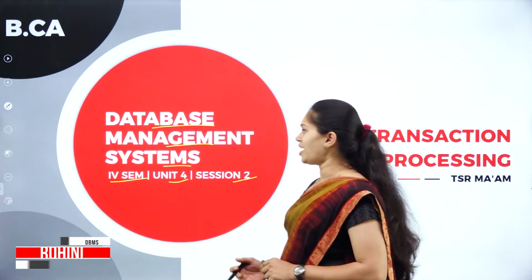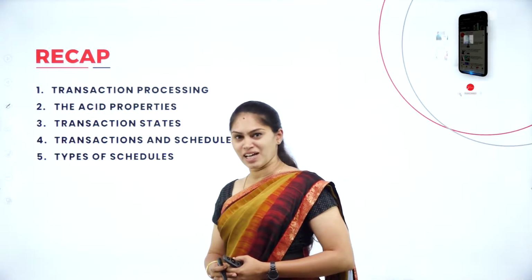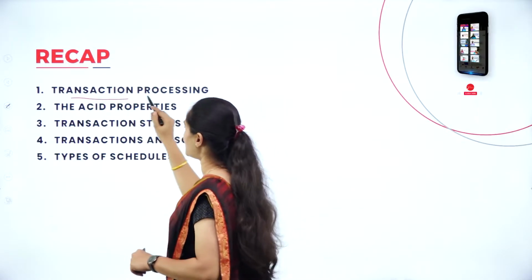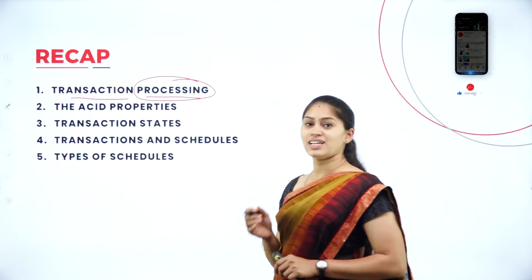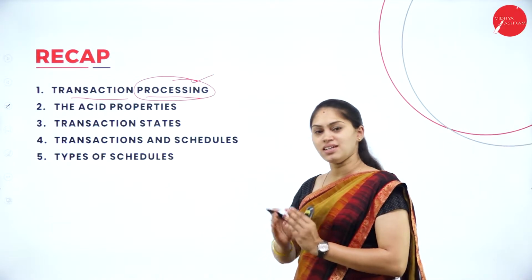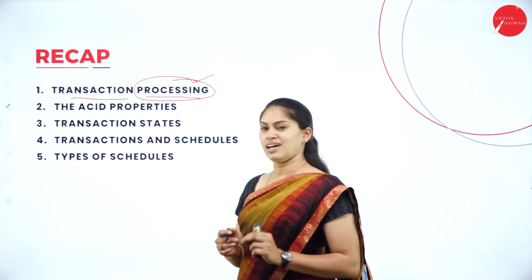Before getting into today's session, we'll have a quick recap of my previous session. As we all know, in the first session of this unit we discussed transaction processing and the transaction processing system. It takes care of the transactions happening in the database.